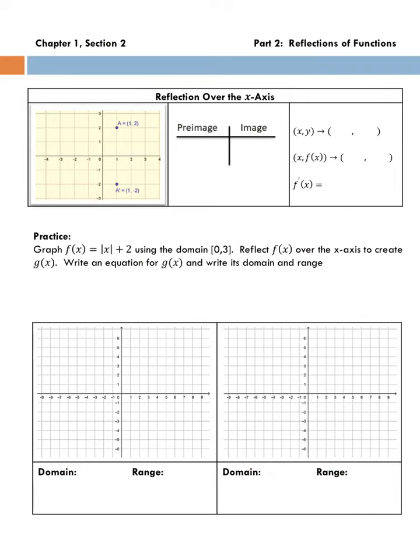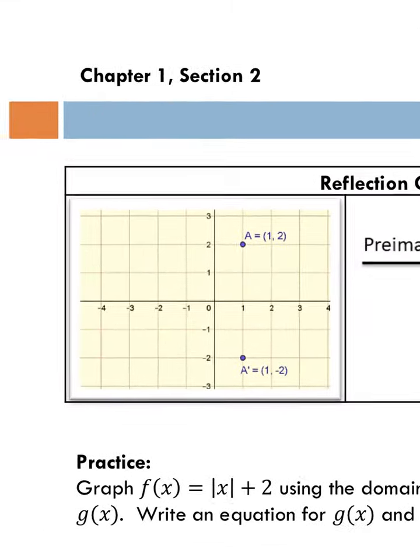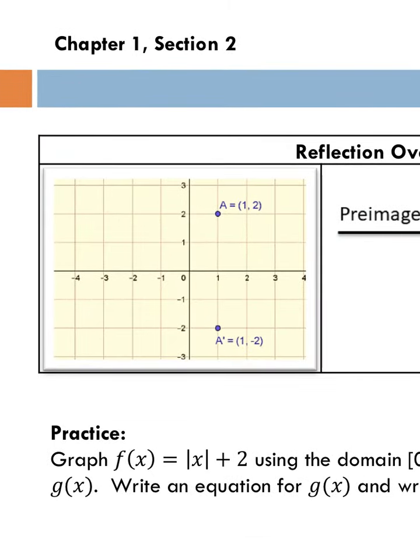Okay, let's take a look at how these transformations look over the x-axis. So we're going to reflect over the x-axis, and if we take a look at an example here, I have a pre-image A at (1, 2), and A prime post-transformation over the x-axis is going to land at (1, -2).